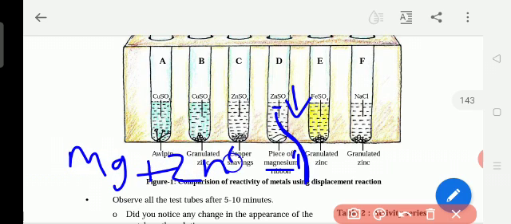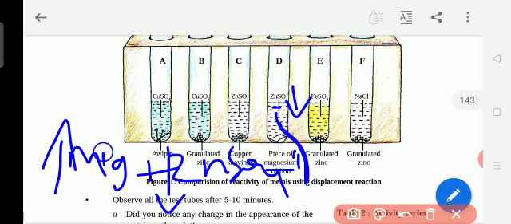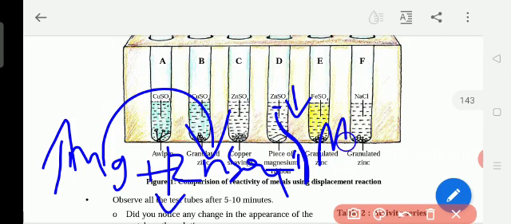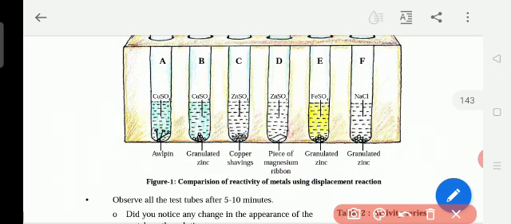Mg plus ZnSO4 gives MgSO4. Since magnesium is more reactive and zinc is less reactive, magnesium is able to displace the zinc. Like that only, if we take FeSO4 and magnesium, you see iron is less reactive, magnesium is more reactive than iron.